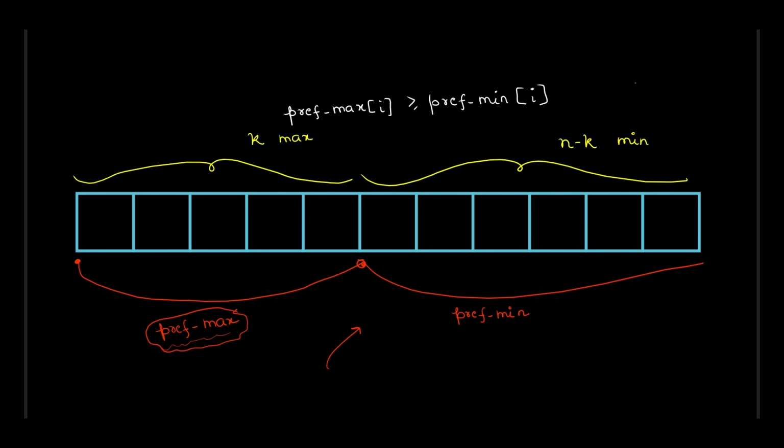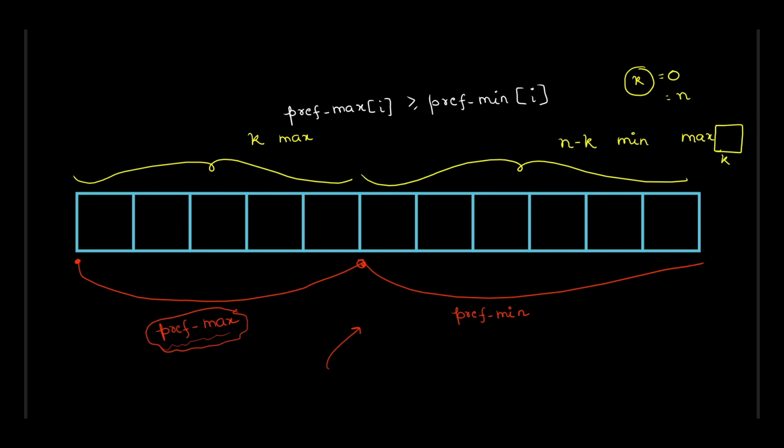If you iterate over all k, where k goes from 0 to n, then you have already considered all the possibilities, and if you take the maximum value across all of these k's, then you can have your answer.